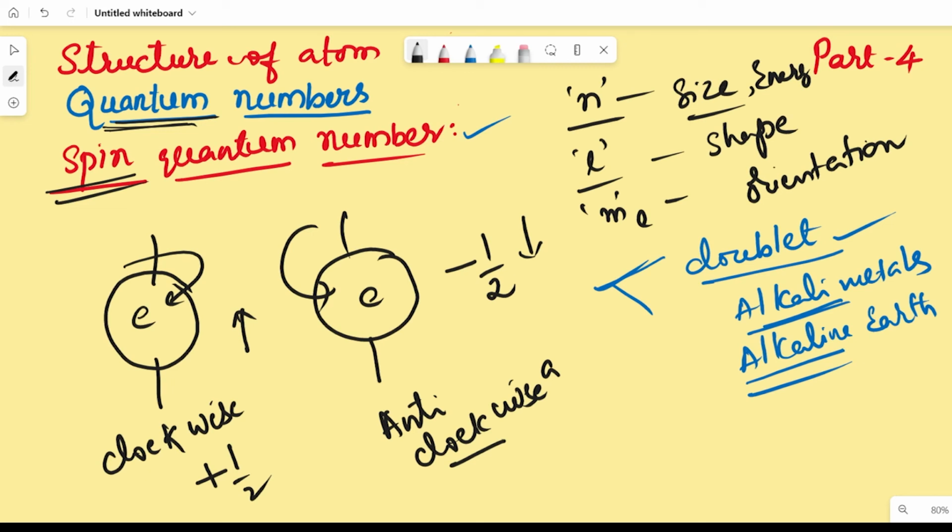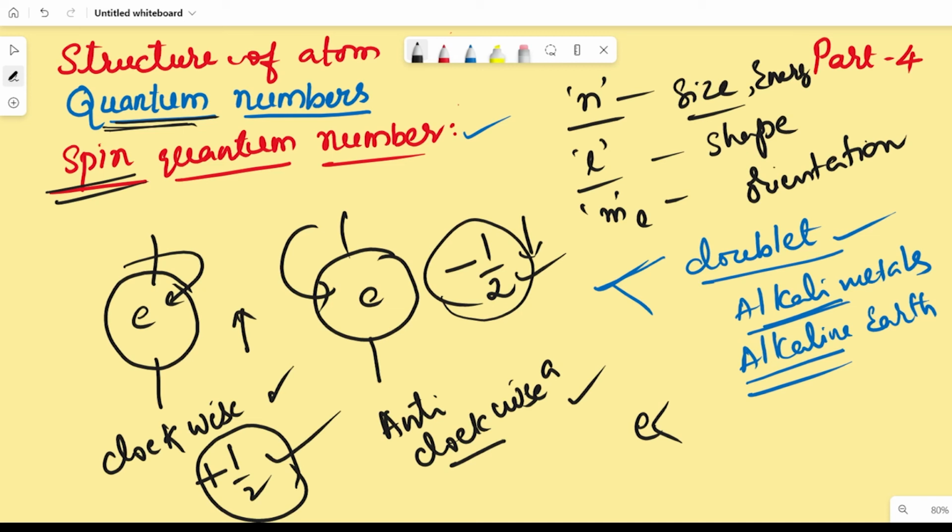The first one is called clockwise, the second one is called anti-clockwise. For example, the electron will have two types of spins, clockwise spin and anti-clockwise spin. The clockwise direction we indicate with plus half, and the anti-clockwise we indicate with minus half.